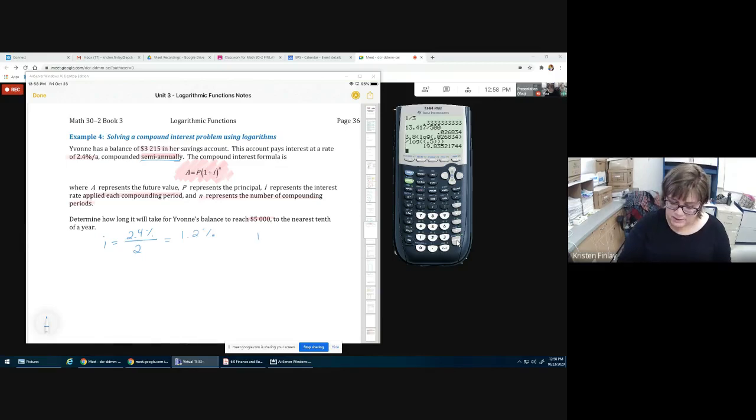And that means too that n equals a half a year, or 6 months. Okay, so when we figure our formula out, we'll have A is equal to, our principal value is 3,215, times 1.2%, which we can rewrite as 1.012, because we just moved the decimal over, to the n.